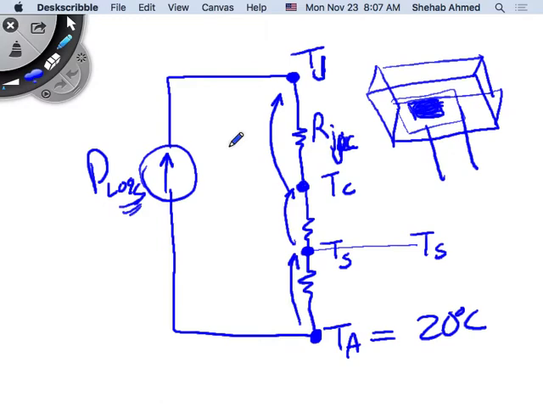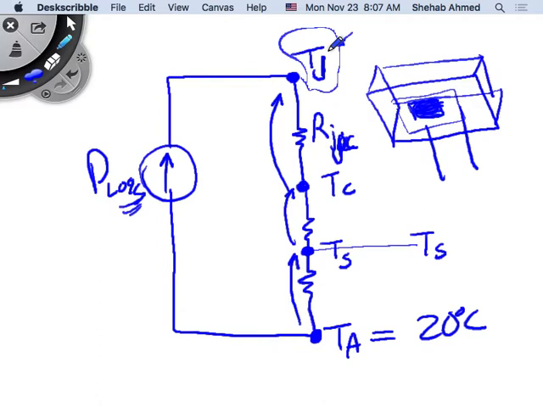Okay, so one important equation that we will need to use is the equation that governs the temperature at the junction of the device. Right. This is the most critical criterion that we want to satisfy.